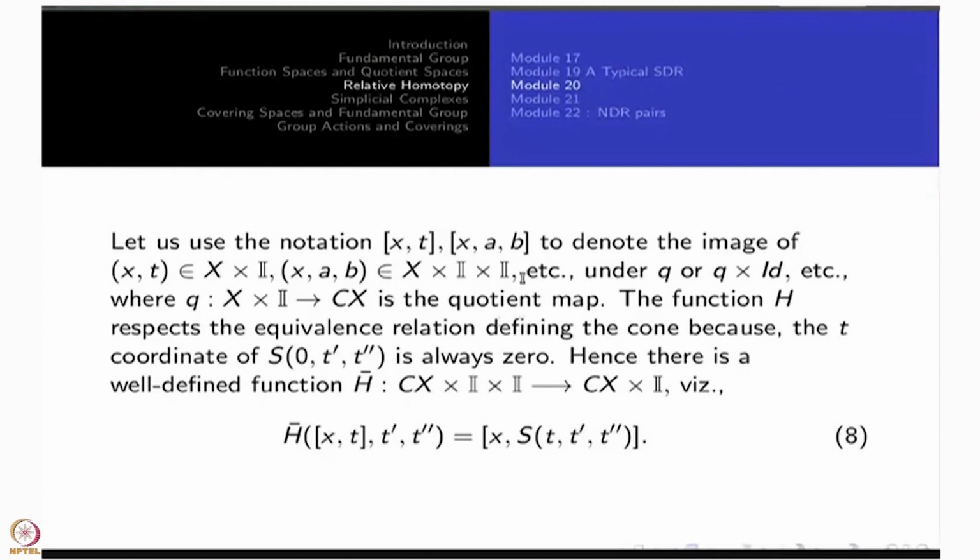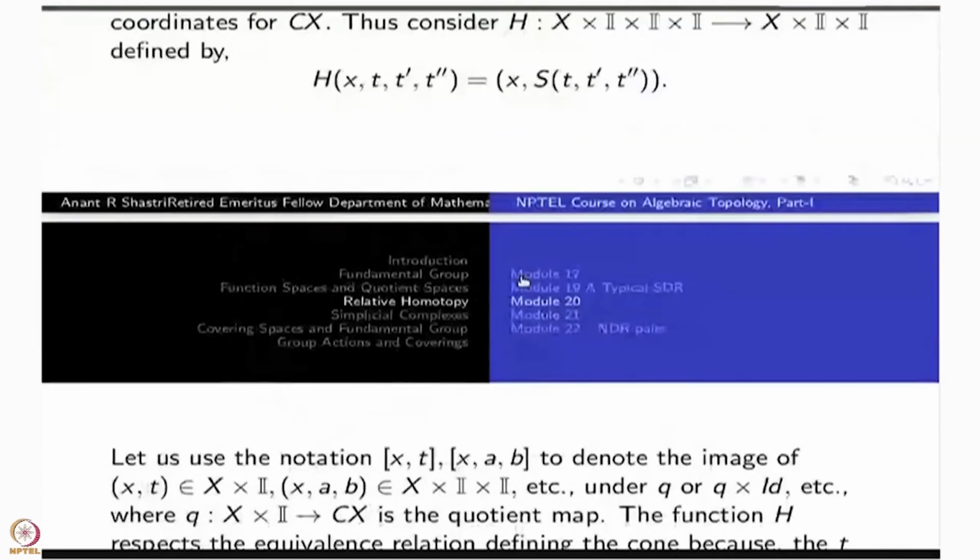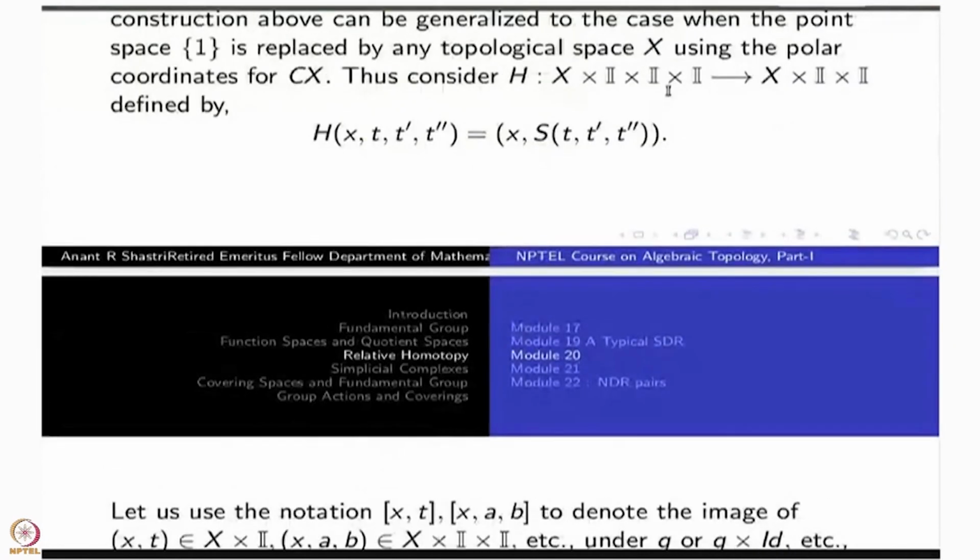Okay. Starting with a map from x cross I cross I cross I, the last two factors are not affected at all, but for x cross I, this factor, there will be a quotient map to the Cx, wherein x cross 0 has been identified as a single point.